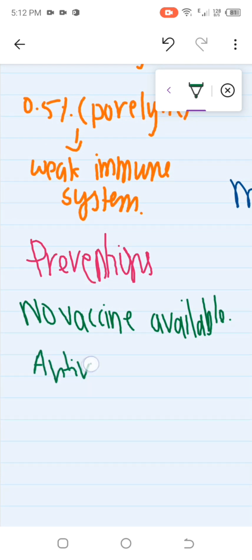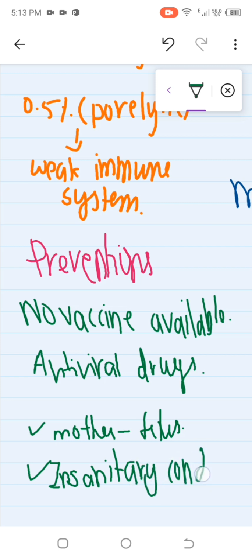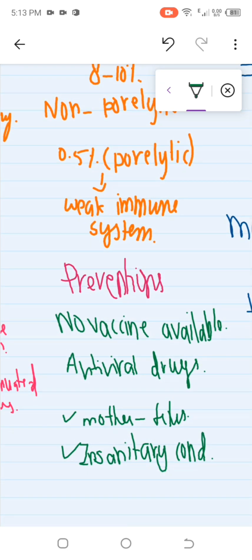It cannot be done by sexual contact, but it can go from mother to fetus, or occur in any insanitary conditions. So this is more likely to occur in such conditions, and symptoms also occur.